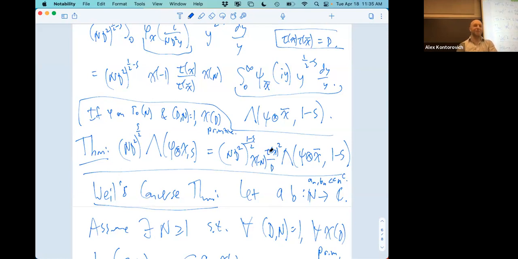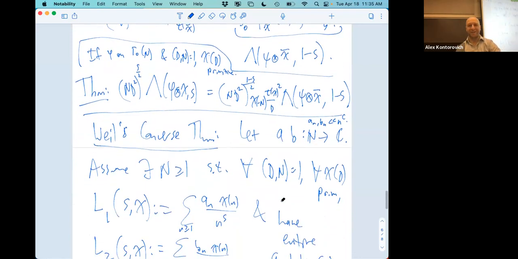This is what you'll see in the literature, so you don't have tau of chi and tau of chi bar in the same place. If I move this down here, 1 over tau of chi bar is tau of chi over d, and there's already a tau of chi.